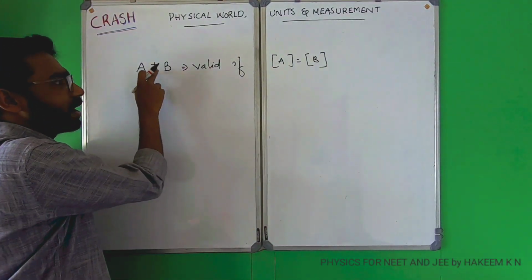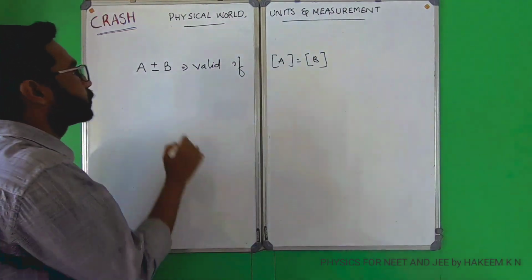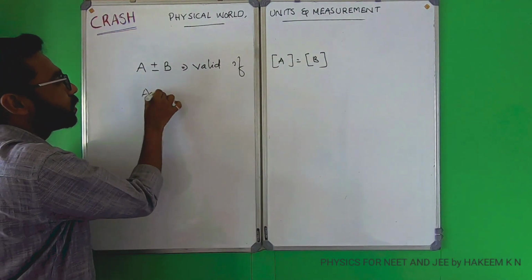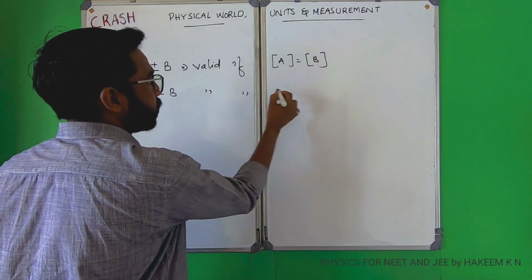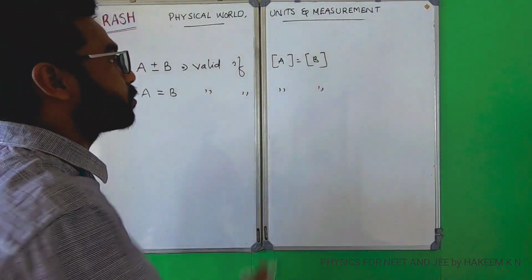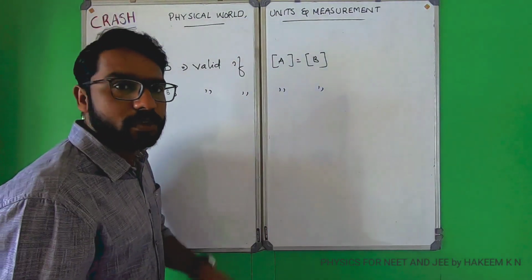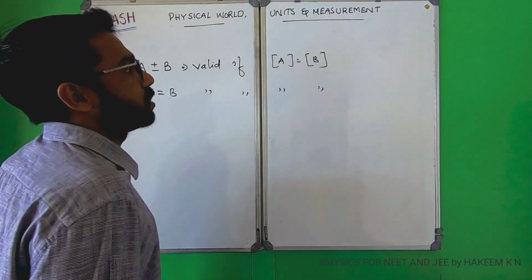Two quantities are added or subtracted or used with an equal sign. These operations are valid if dimensional formulas are the same, because each term should have the same dimensional formula.